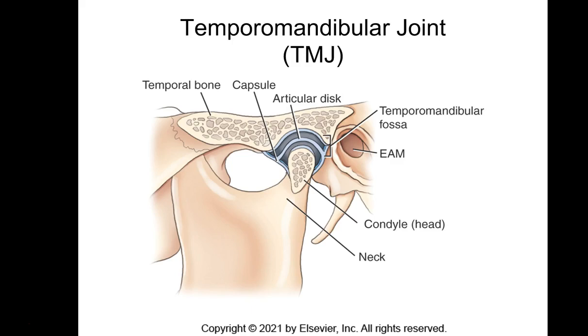The action of this type of joint is actually very complex, and two movements are predominant. When the mouth opens, the condyle and the fibrocartilage move forward. And at the same time, the condyle revolves around the fibrocartilage. Therefore, the TMJ is classified as a bicondylar joint, similar to the knee.